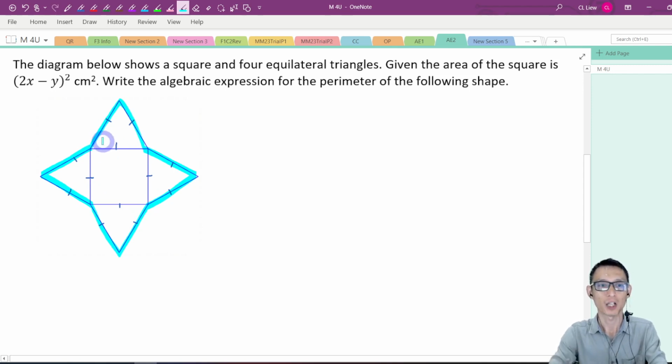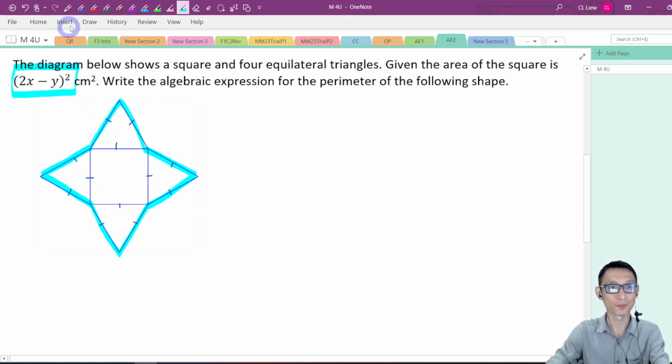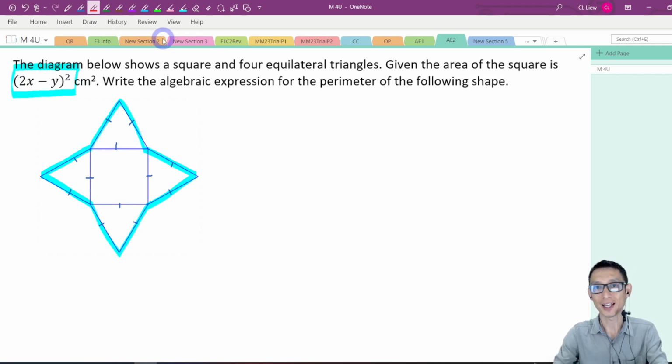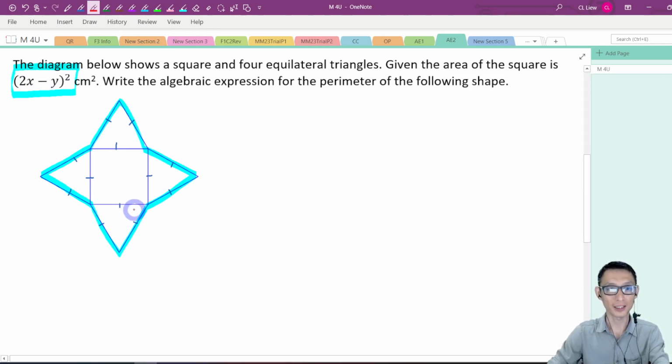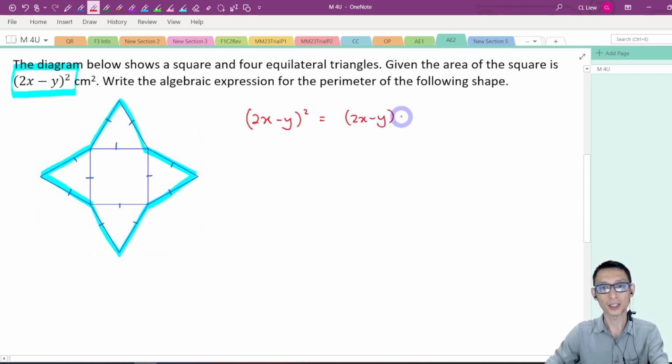Now, how do we know what the length here is? Try to think why the question gives us this. How do we get the area of a square? We take the length times the width. Because this is a square, the length and the width will be the same. So (2x minus y) squared actually means 2x minus y times 2x minus y.